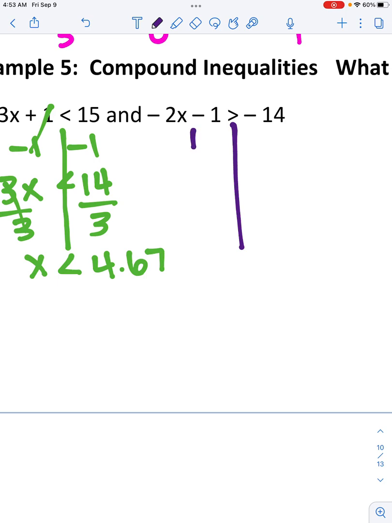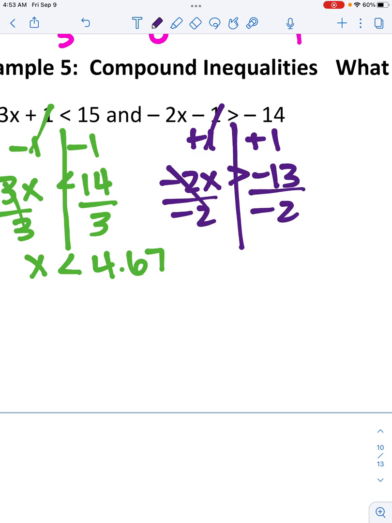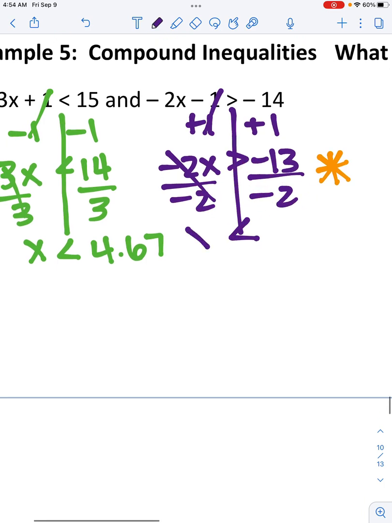And then over here, I'm dividing by a negative, so we're going to have to reverse that inequality to go the other direction. It's greater than, so now it flips to less than because I'm dividing by a negative. And then x will be less than negative 13 divided by negative 2, which is a positive 6.5.